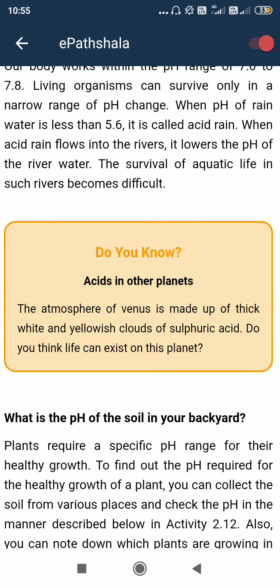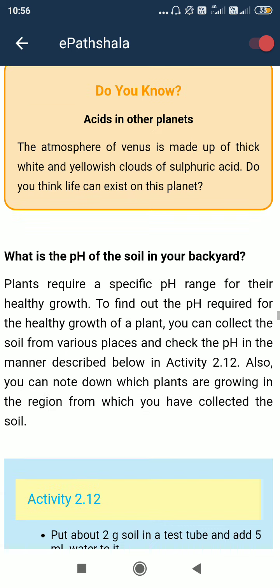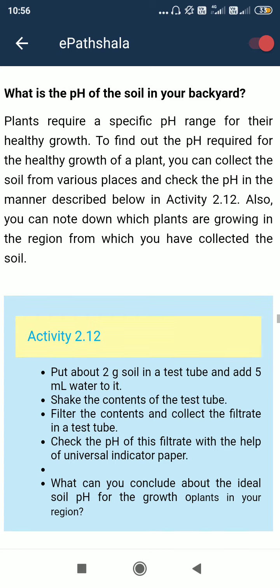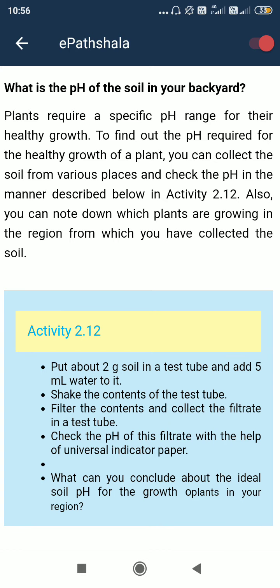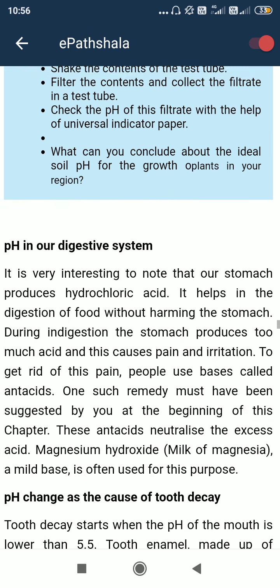And in case of acid rain, we know that the pH is less than 5.6, so it is less than 7, so it is acidic. That's why we call it acid rain. What is the pH of the soil in our backyards? pH varies from one region to another in soil itself, so you can collect this.